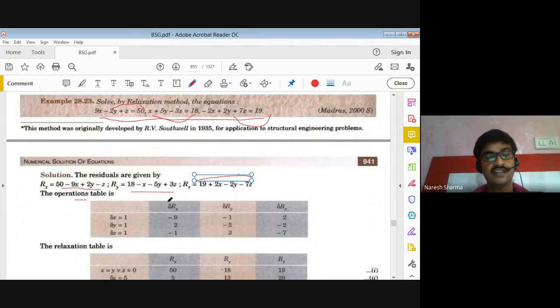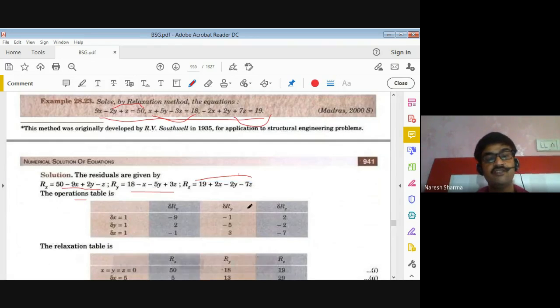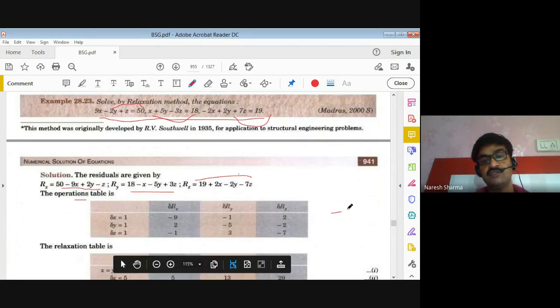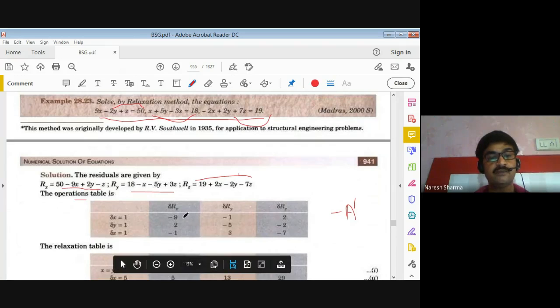You just write Rx, Ry, Rz, change in Rx, Ry, Rz, and change in x, y, z with 1 unit. So a 1 unit change gives you this operational table, and you can write it completely by just writing minus A transpose. Here the first row is 9, minus 2, 1. So we write 9, minus 2, 1 and multiply with the minus sign.